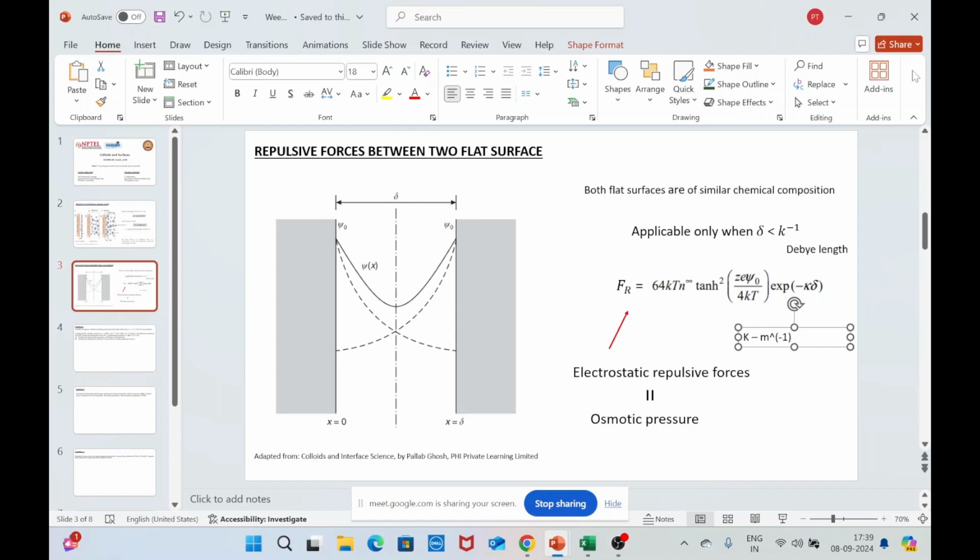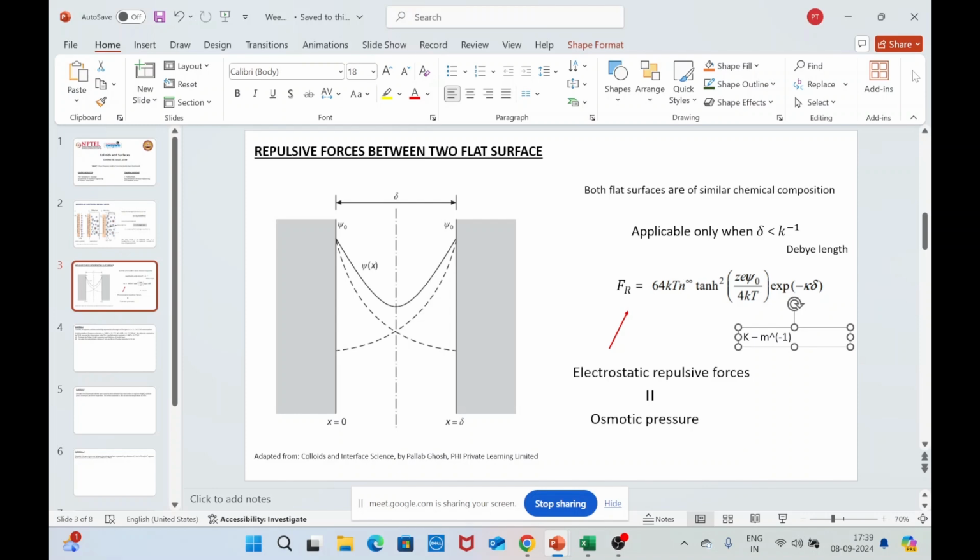Then only can you discuss the interaction of the two flat surfaces, and the overlapping of the double layer will happen only when your separation distance is less than the Debye length. When you talk about this repulsive force or the interaction, two forces are actually contributing to this.